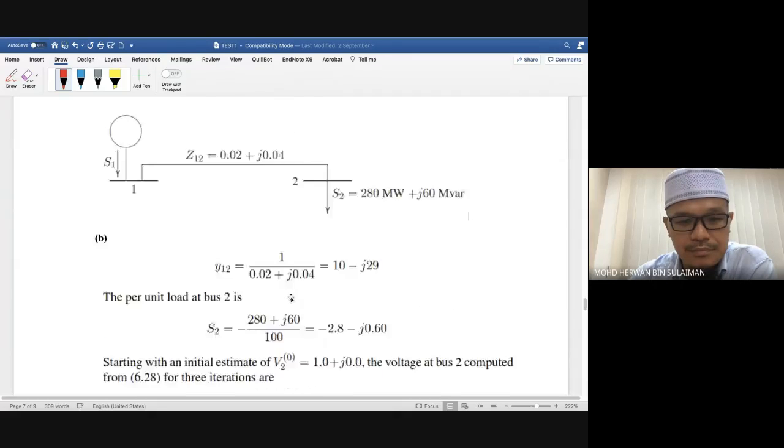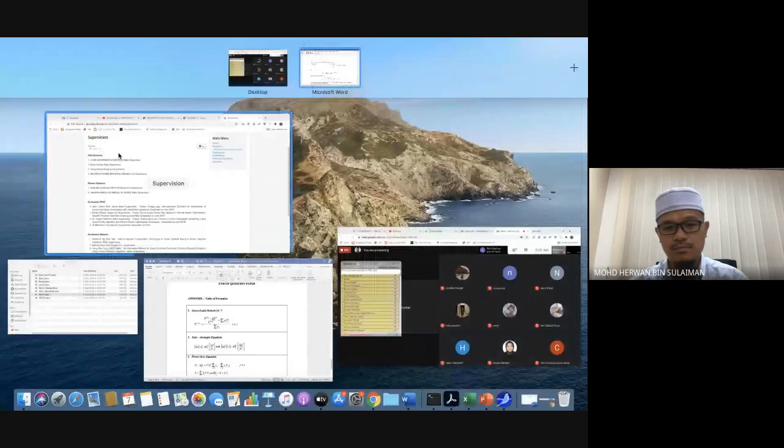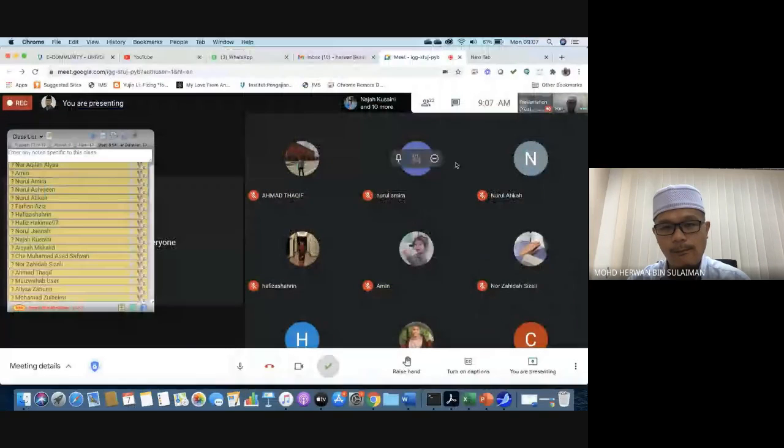Okay, here. Still 17 hari ni. Kalau siapa yang tak masuk yang tak ada nama kita tengok ah.